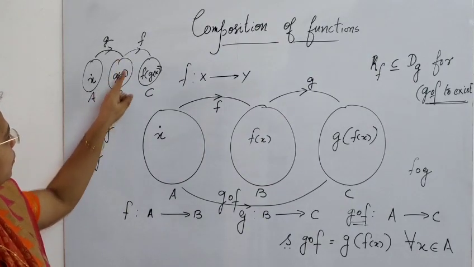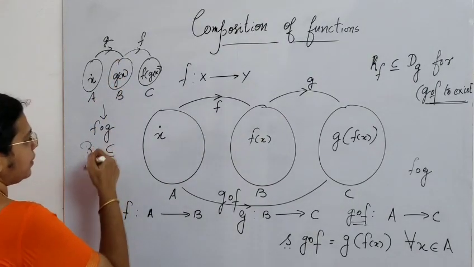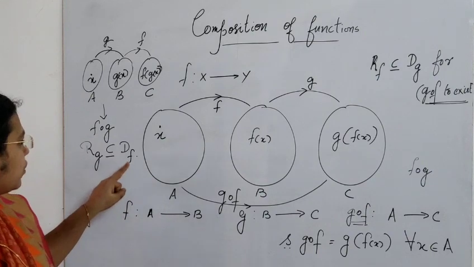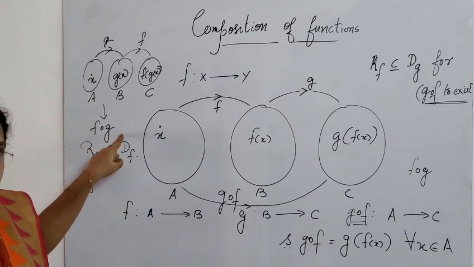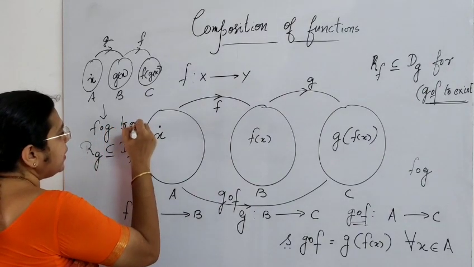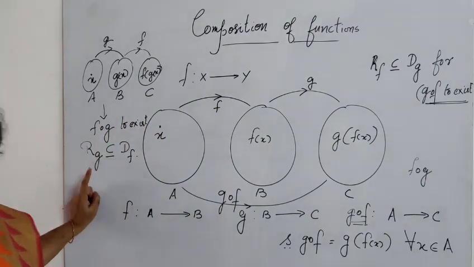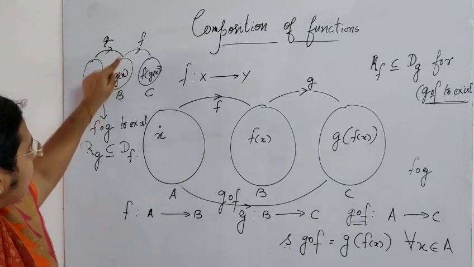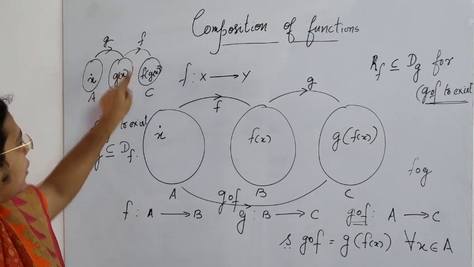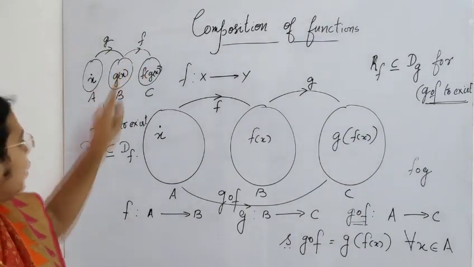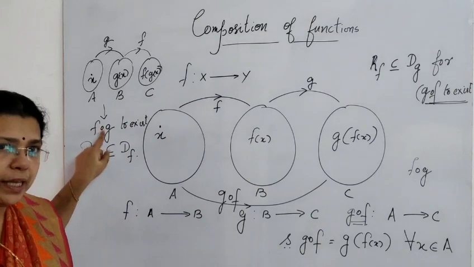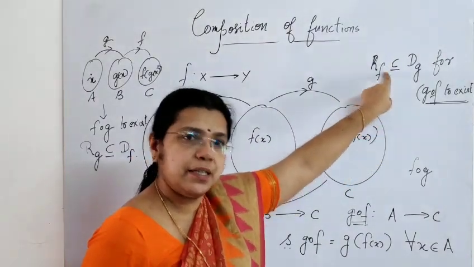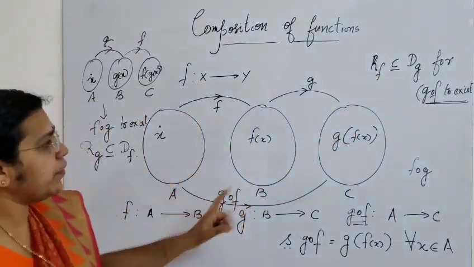This is the range of G, which is either completely the domain of F or a subset of the domain of F. So for FOG to exist, this is the condition: the range of G must be a subset of the domain of F. So FOG exists when this condition is satisfied, and GOF exists when the other condition is satisfied. If you just go through this figure, you will understand it fully.